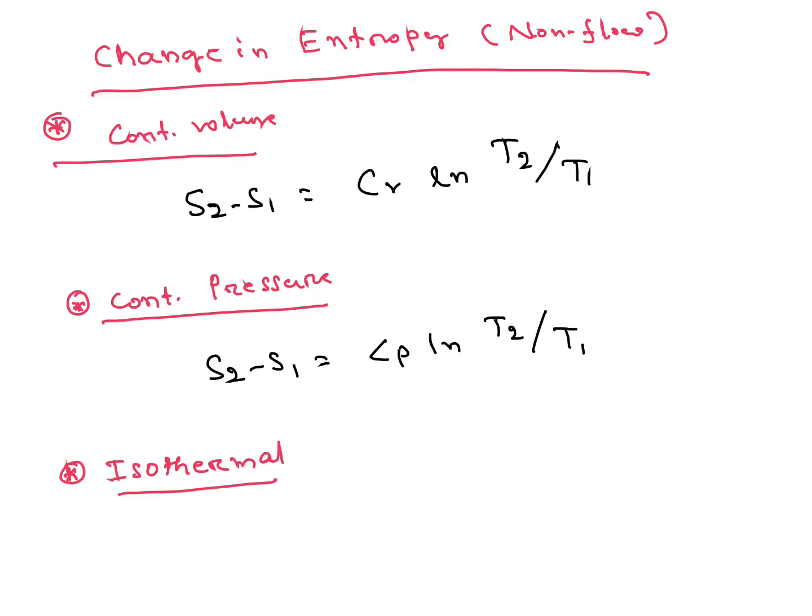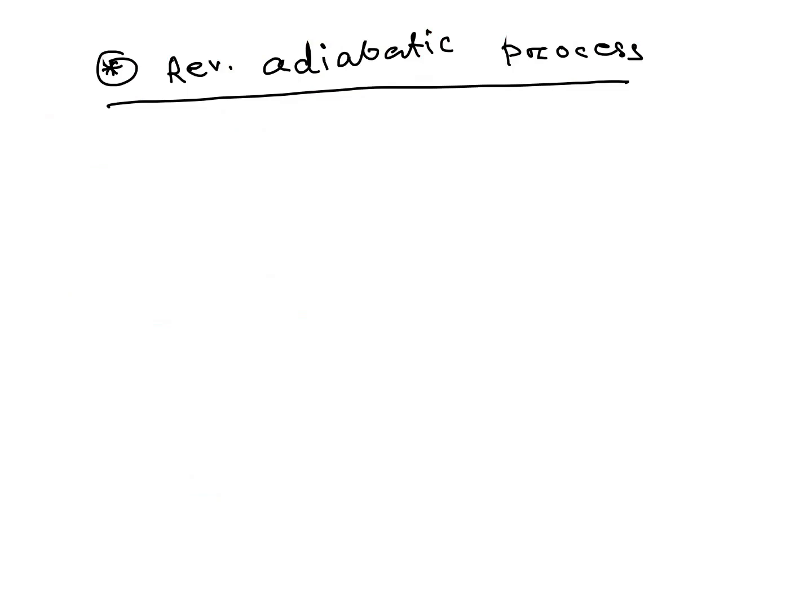And for isothermal process, change in entropy equal to R ln V2 by V1. And for reversible adiabatic process, change in entropy is 0.